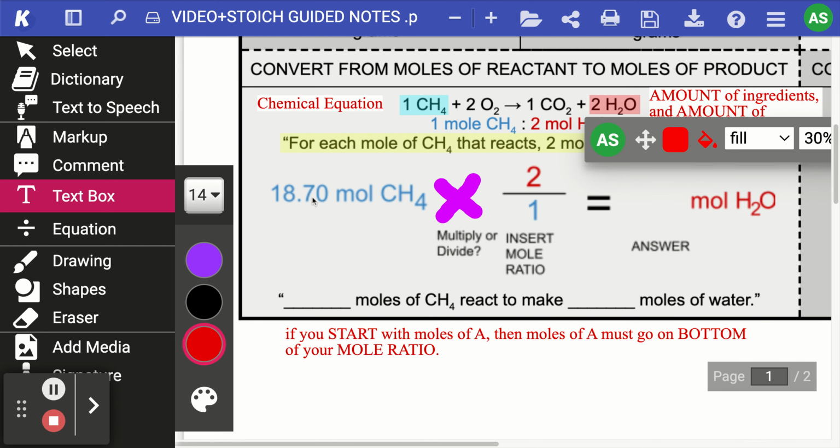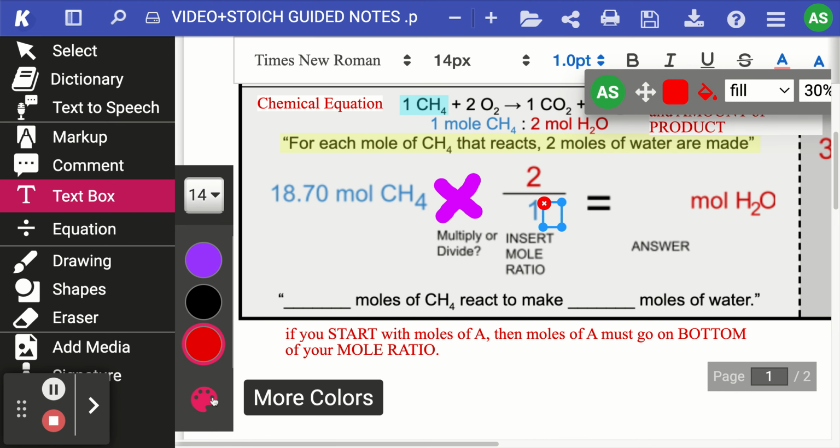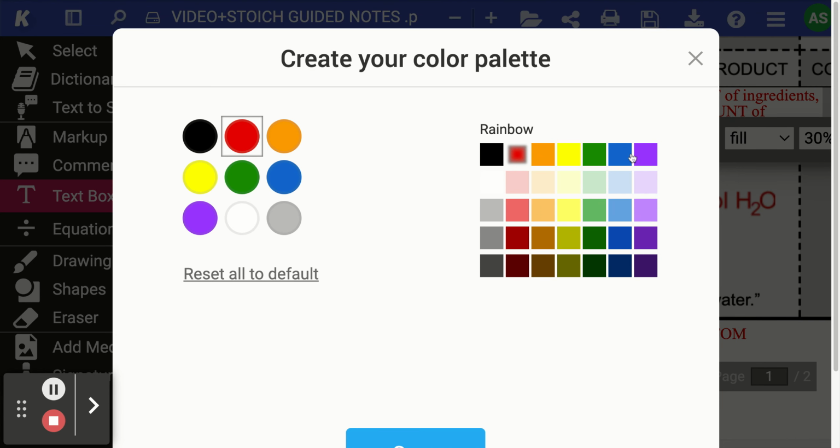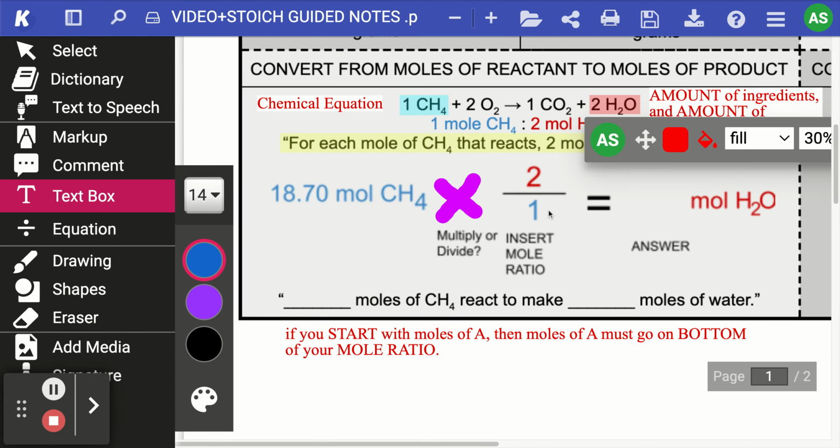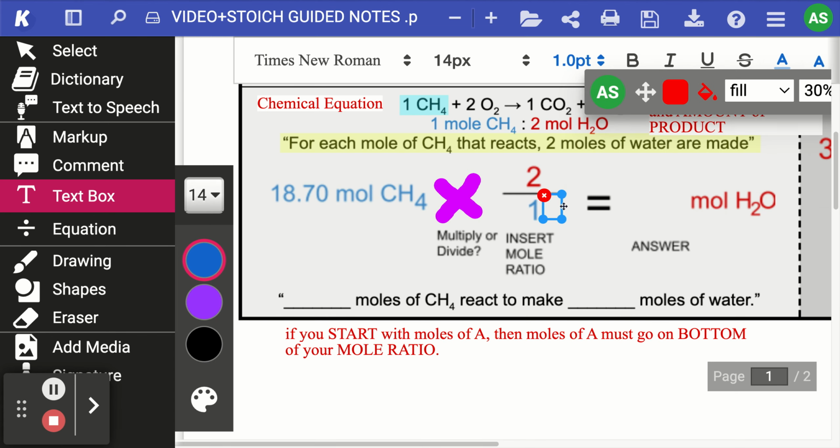So since I'm starting with moles of methane, I put the 1 mole of methane on bottom. And I put the 2 moles of water on bottom. Sorry, on top. I'm all backwards. Let me write it. That'll make more sense. Here's my mole of methane.